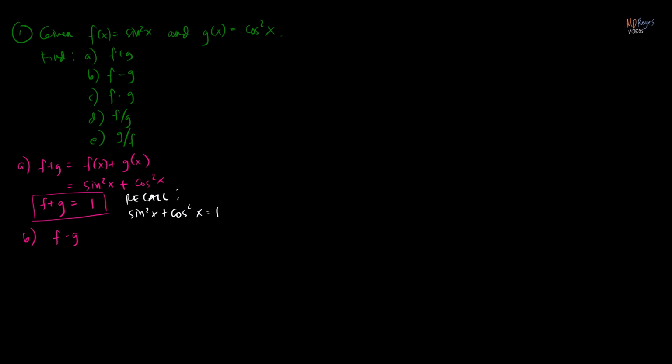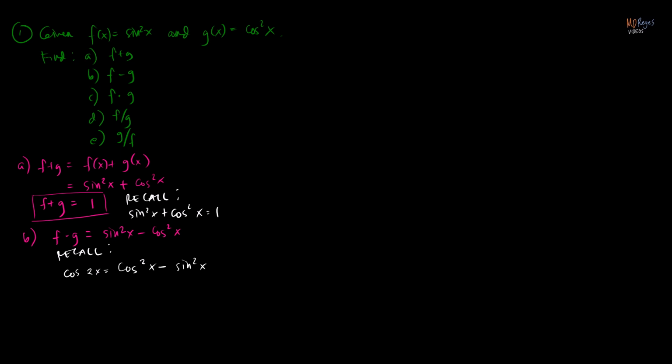So going back to B, f minus g is sine squared x minus cosine squared x. Now again, recall a double angle identity from the trigonometric identities: cosine 2x equals cosine squared x minus sine squared x.